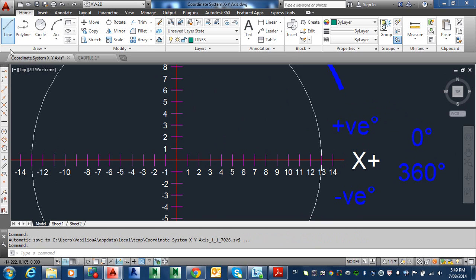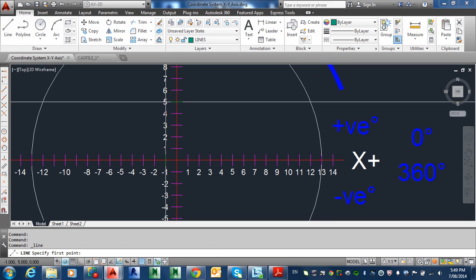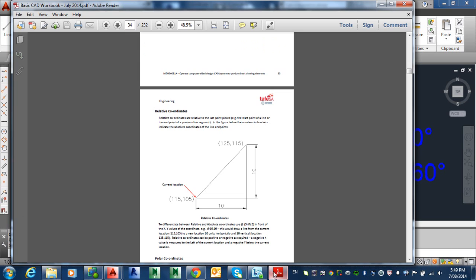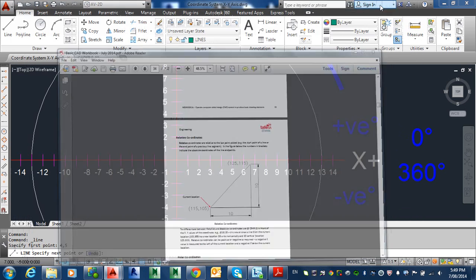So if I was to click the line command and type, for example, 4,5, just like that, enter, it starts from there, which is fair enough, and it's pretty much the same idea as what they're saying here, except it's a bigger number, 115,105. So I'm starting my line from a known or given location.